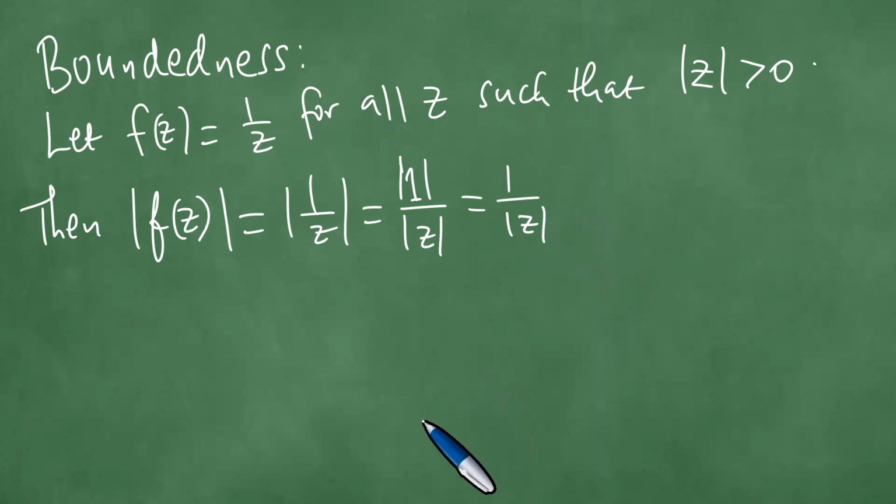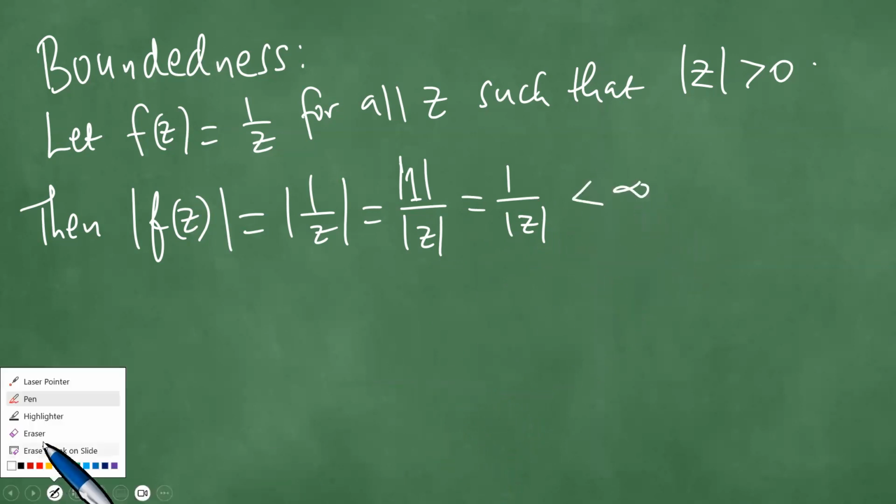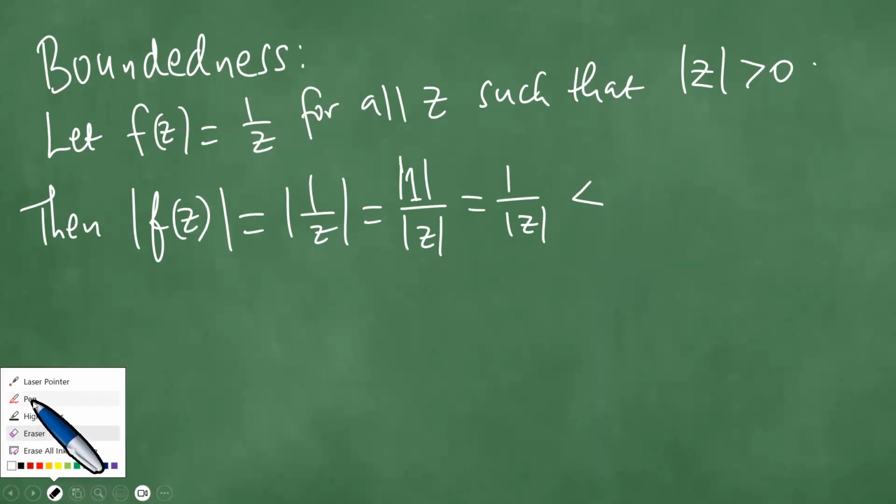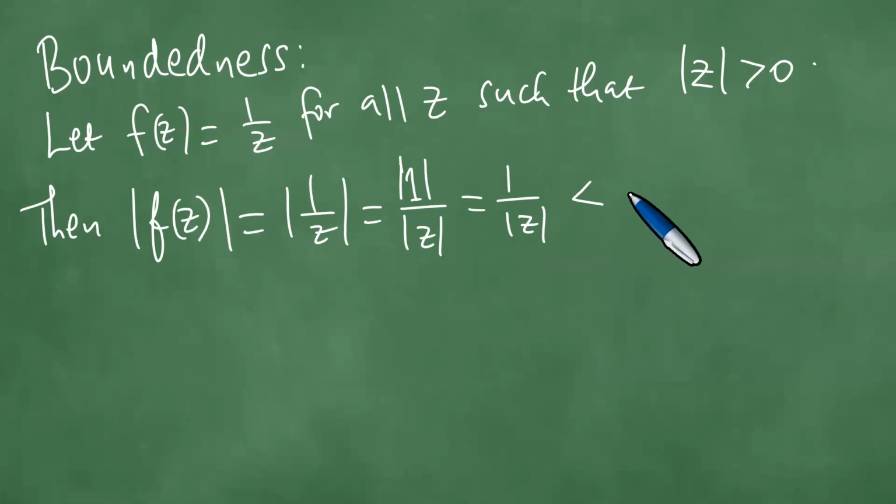So what is 1 over the modulus of z? It is going to be less than infinity.